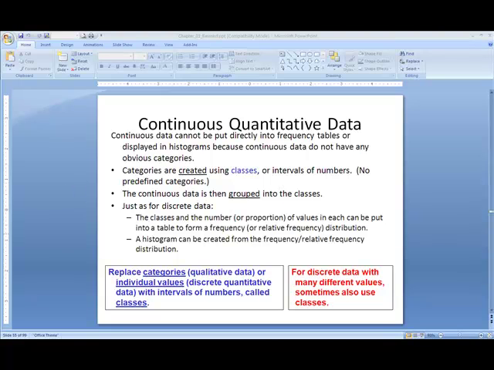So what we're going to do is replace our categories or our individual values that we have in our discrete data with these categories, with these intervals of numbers for the continuous variable. And we're also going to find out if our discrete variable has a lot of different values, sometimes we'll have to group those into classes, and we'll see an example of that in the PowerPoints.